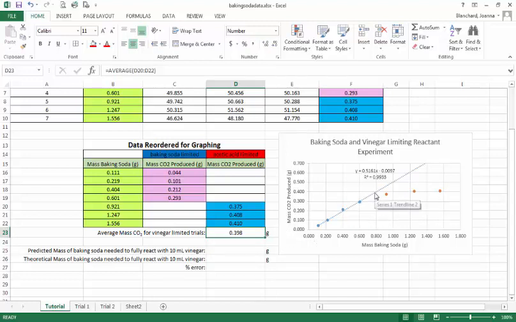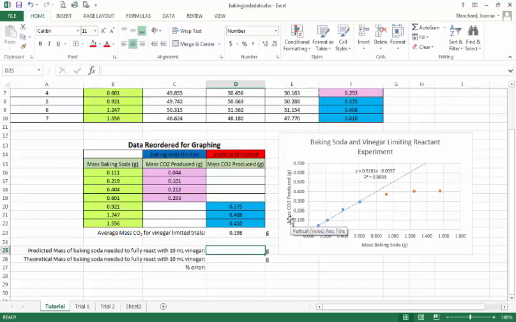If we're looking at the graph, we can say, okay, it looks like it's going to be somewhere around maybe 0.79 grams, but we can, of course, be exact by solving this equation for X, which is our mass of baking soda. So all we need to do is plug in a Y value of 0.398 into this equation here.